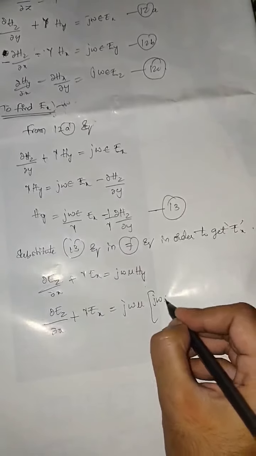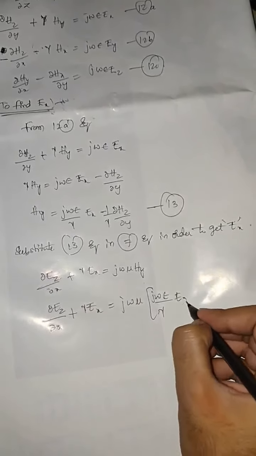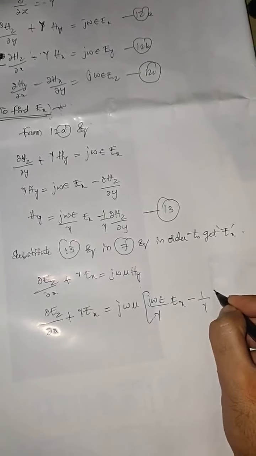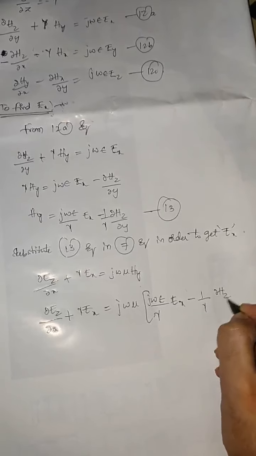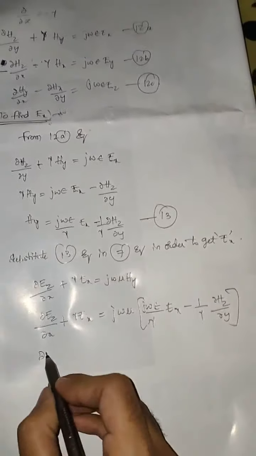So j omega epsilon, propagation constant gamma divided by gamma minus 1 by gamma dou hz by dou y. Okay, so now multiply this term.